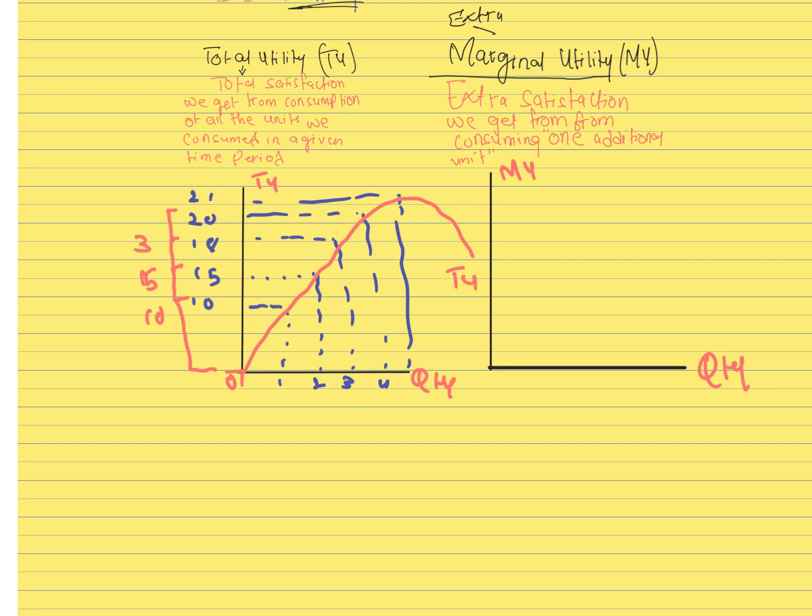The total utility is increasing, but the rate at which it is increasing is a decreasing rate. So we'll say the total utility will increase, but at a decreasing rate.